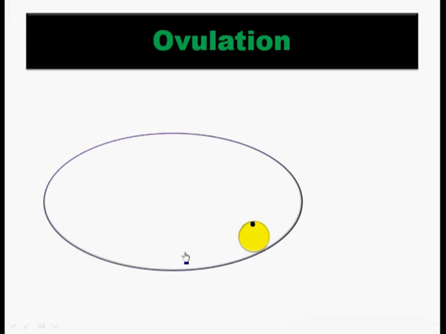So I would like you now to write a sentence or two to describe that movement: the follicle moved from this section of the ovary towards the side, and it continues to what? Grow. Now, this is called the nearly mature what?